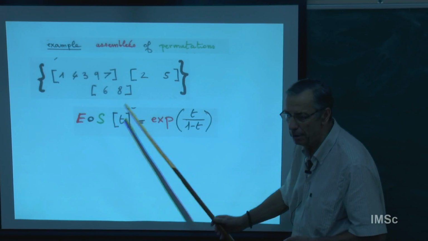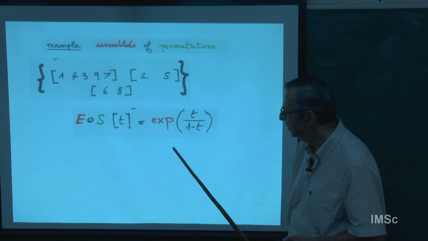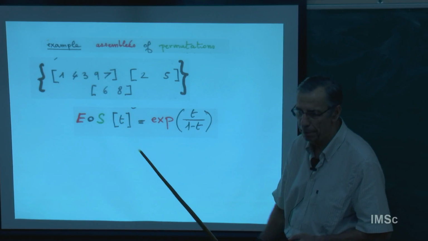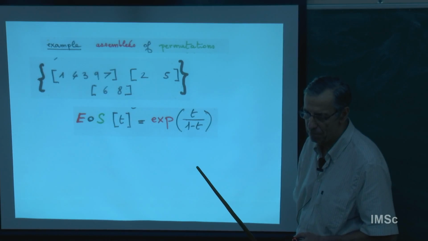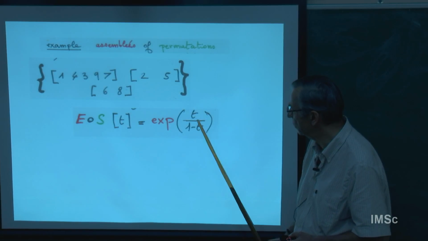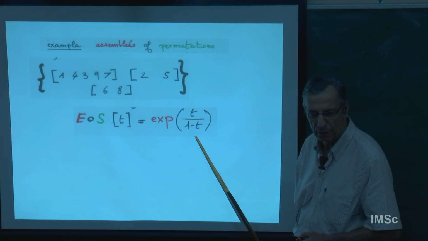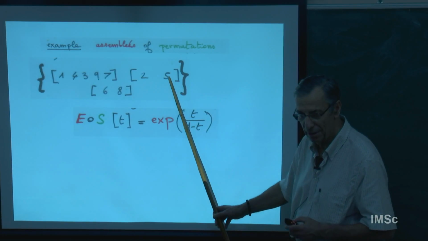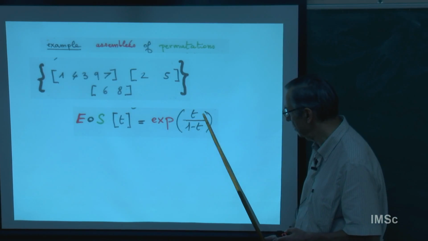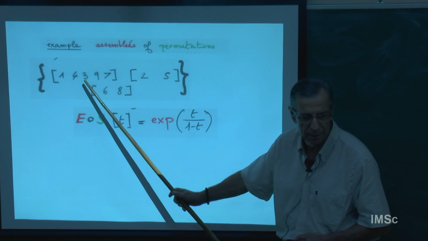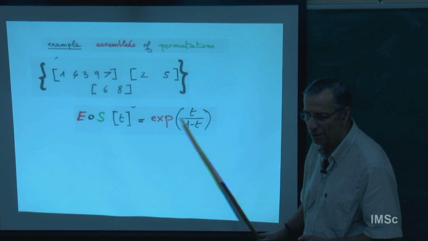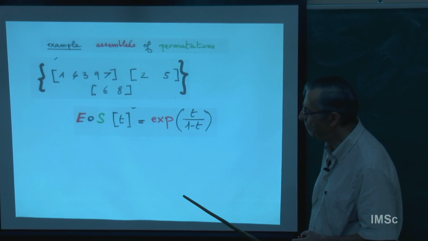I'm taking 3 blocks, and on each block I put a permutation, or a total order. The generating function of non-empty permutations is this, and taking an assembly of this is equivalent to taking the exponential of the generating function.